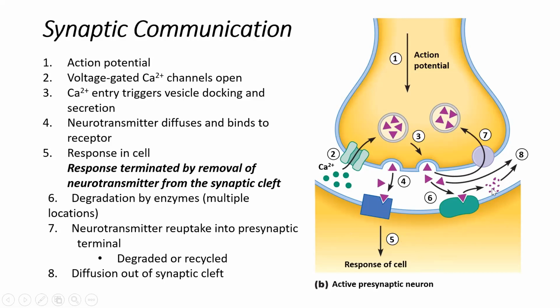Those smaller fragments can either diffuse away or be reuptaken, or the neurotransmitter as it is can diffuse away or be reuptaken as well. So there's a bit of variation as far as exactly how they're cleared. There's a few options there. As we can see here, they can be reuptaken in their full state, they can be degraded and then reuptaken, or they can be diffused away from the junction, okay? But the essence here is that there's an option for them to be reuptaken back into the presynaptic side and recycled to make some more neurotransmitter, some more synaptic vesicles.